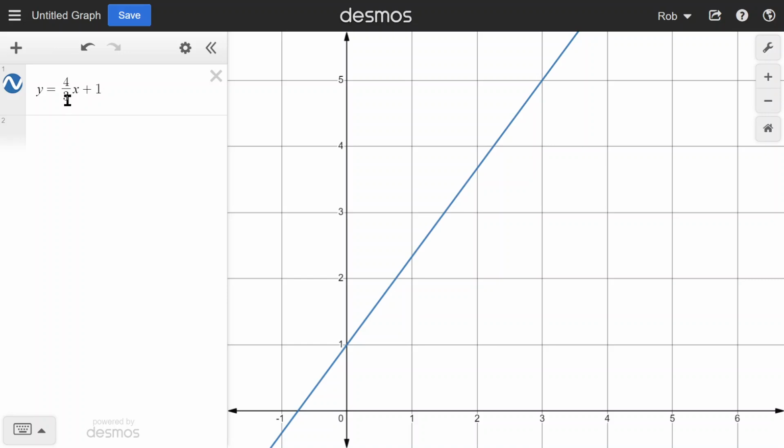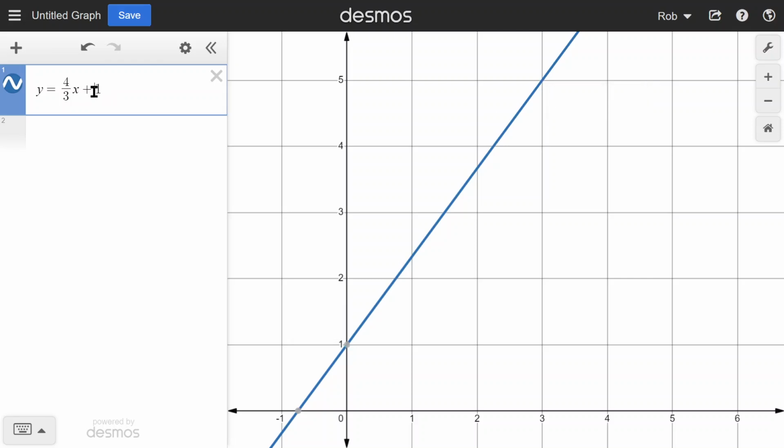The bottom is the 3, so I start here at the y-intercept. I go across 3 and I go up 4. So slowly, 3 boxes across, 1, 2, 3, 4 corners up, and I get to there. So I have a gradient of 4 on 3, not 3 on 4, and a y-intercept of 1.